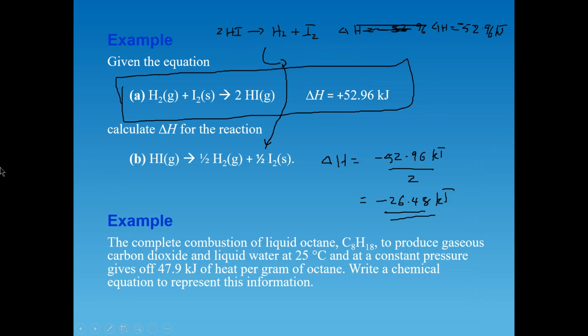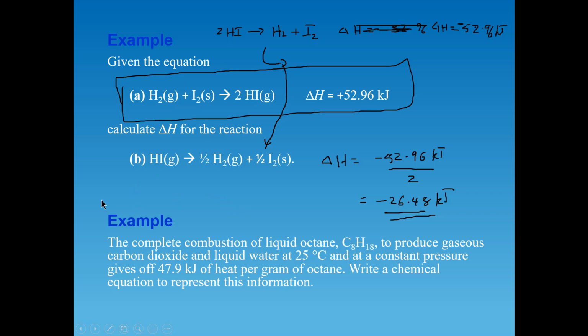In fact, here's an example right now. So in this example, they gave you this equation and they gave you the delta H value for that reaction, right? And the question is asking for delta H for this given equation. Now, in order for us to answer this question, we have to compare this equation to this equation, and you'll notice two things.